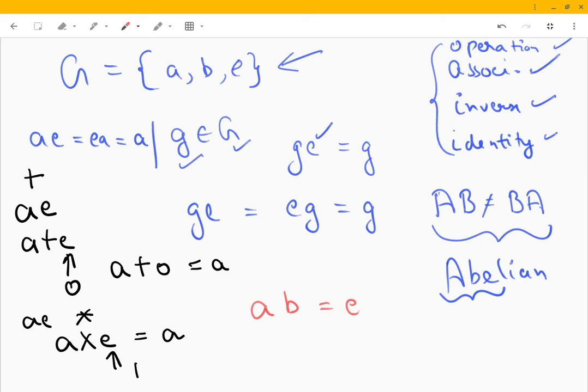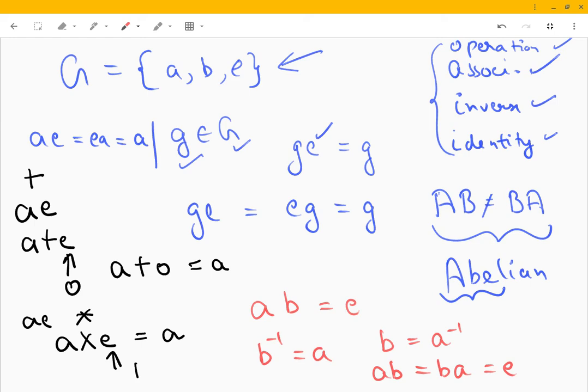This implies that B is A inverse, and this also implies that B inverse is A, which leads us to the conclusion that AB equals BA equals E, in the case when B is the inverse of A, which automatically makes A the inverse of B, right?